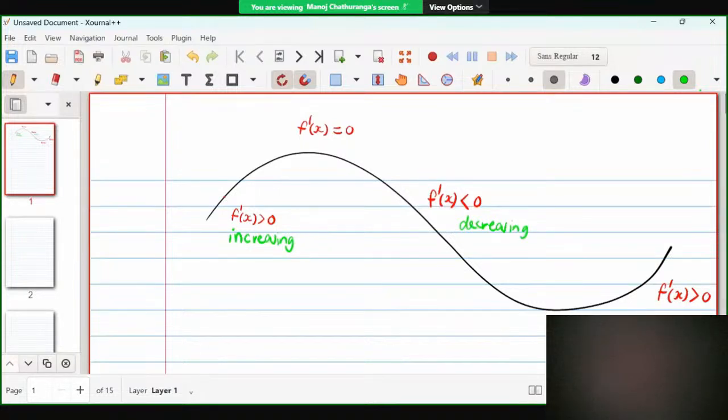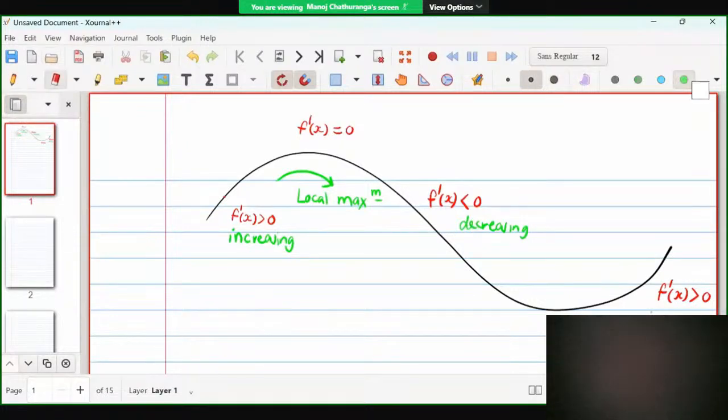Then it is again increasing. So when you have something like this, increasing, 0, then decreasing, that is called a local maximum. And over here, what you have is a local minimum.